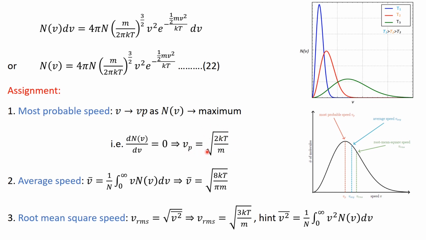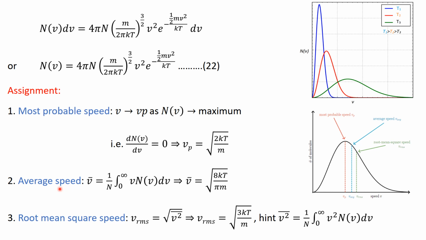This is the most probable velocity in this distribution. Why do we call it the most probable velocity? Because the maximum number of particles has this velocity. You see here, this is the velocity associated with this peak, which is the maximum number of particles. So the velocity associated with the maximum number of particles is known as the most probable velocity.